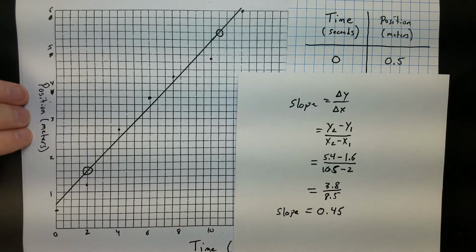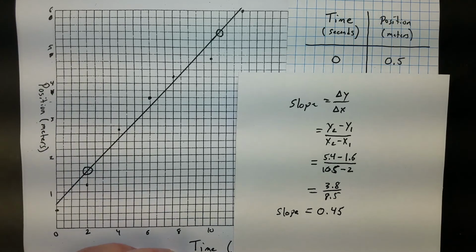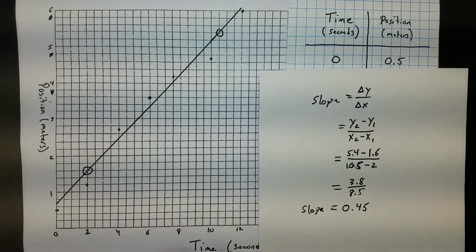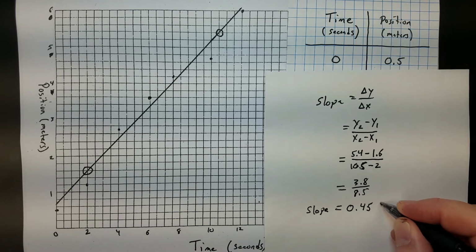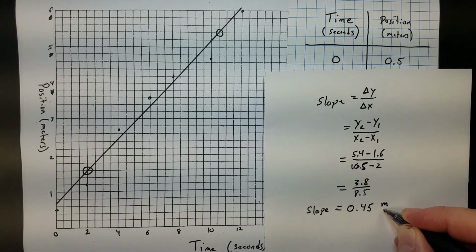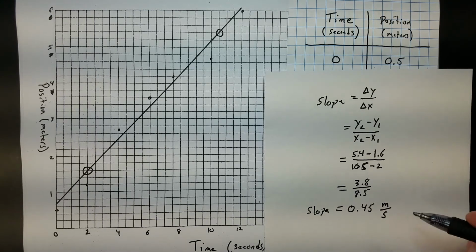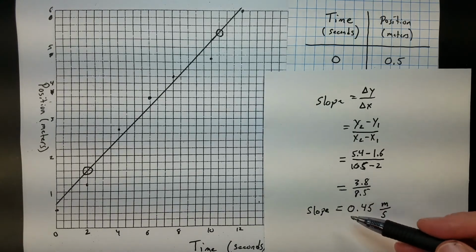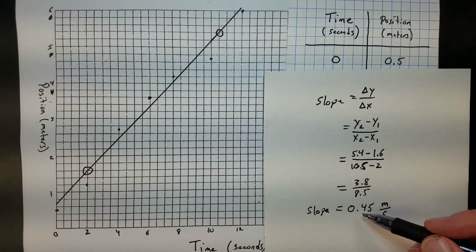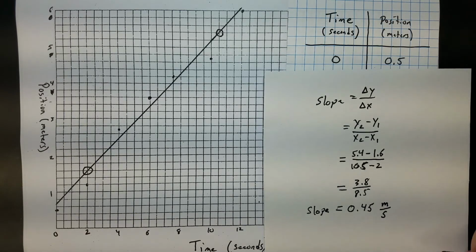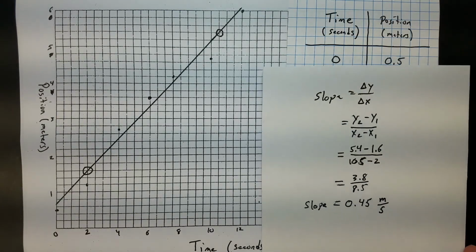So we have a distance measurement divided by a time measurement. So our unit would be the distance measurement, meters, divided by the time measurement, seconds. So we've got this bowling ball was rolling at 0.45 meters per second according to our experiments.